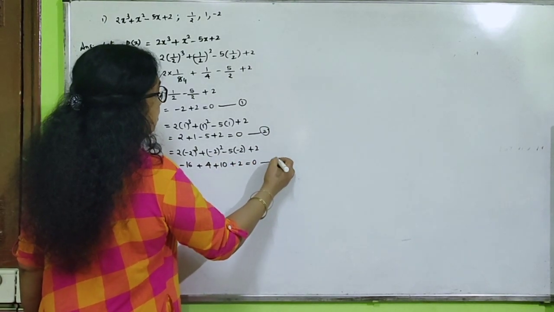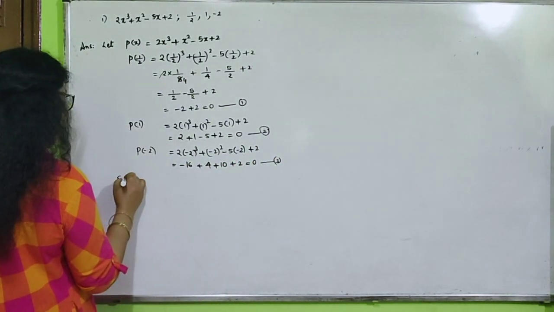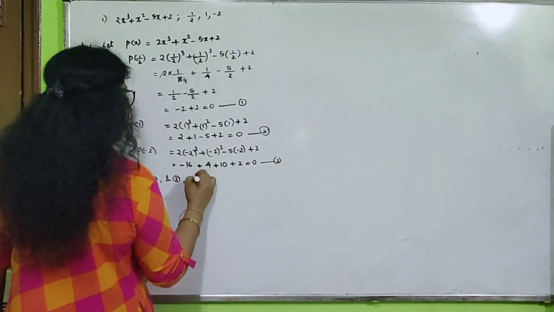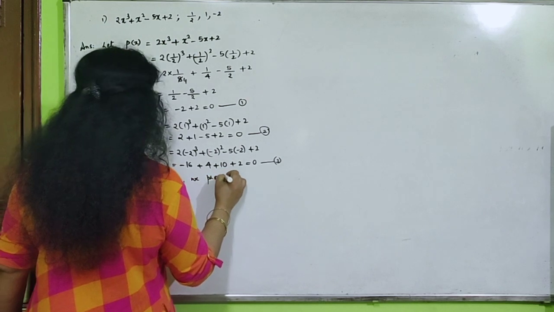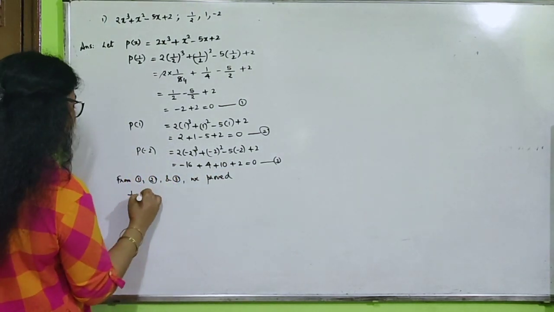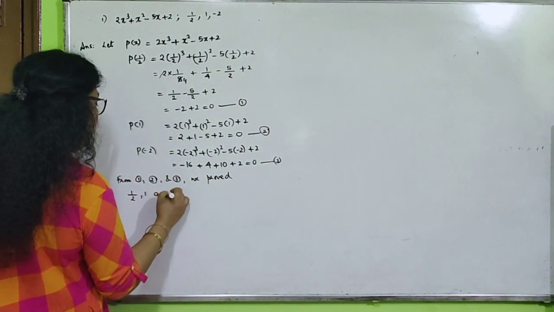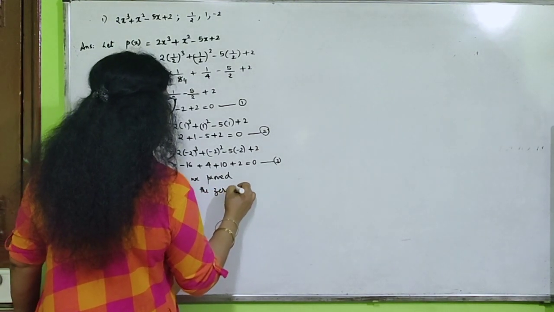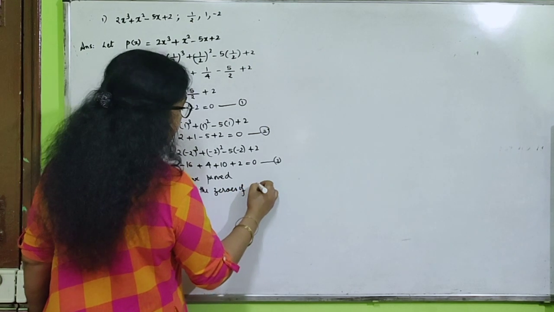So that also we got. So from 1, 2 and 3 we proved that half, 1 and minus 2 are the zeros of p of x.